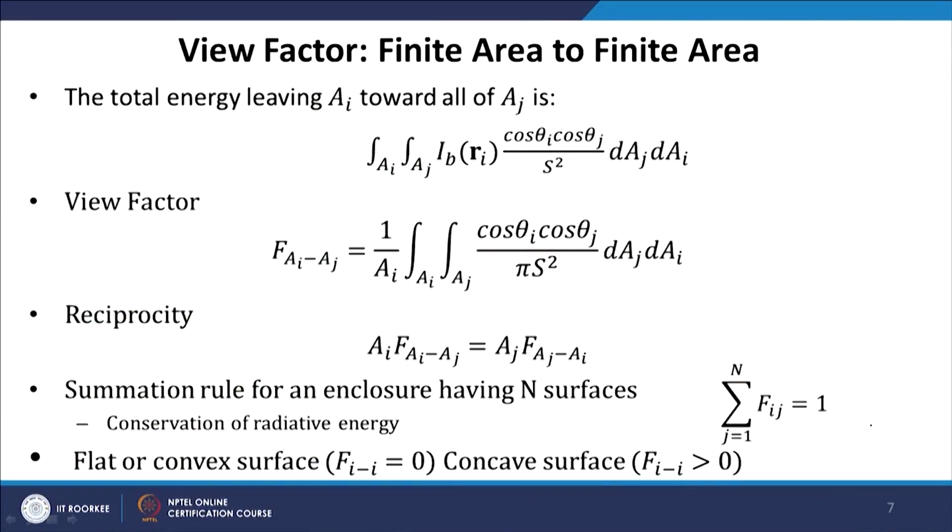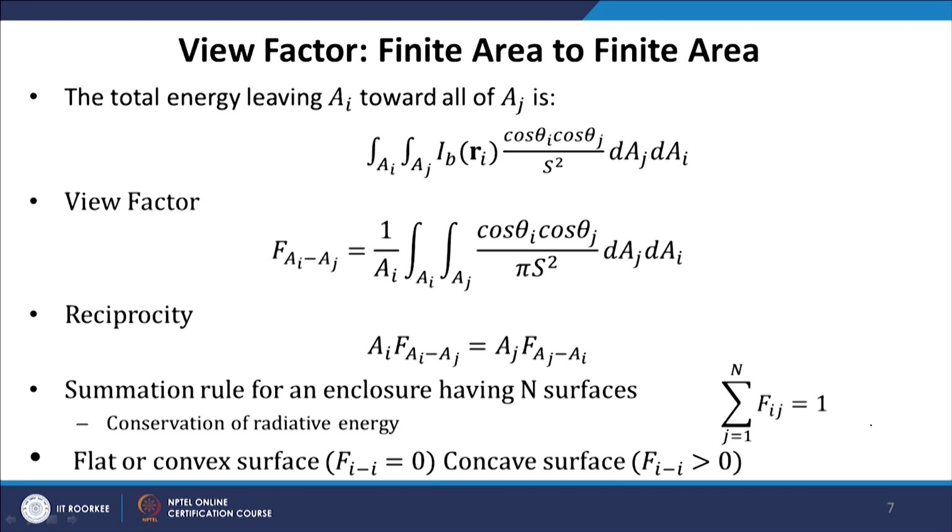Now, just like the view factors between an infinitesimal area and a finite area, we can calculate view factor between two areas of finite magnitude. In the case where we calculated view factor for an infinitesimal area, we just integrated over area dAj.